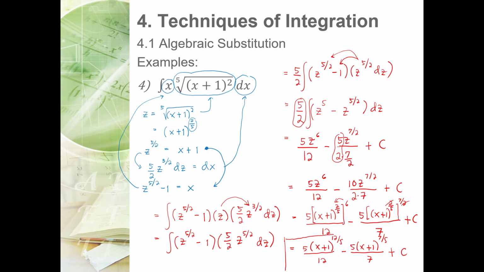So this is the final answer. It cancels because it is 10, 10 then 2.